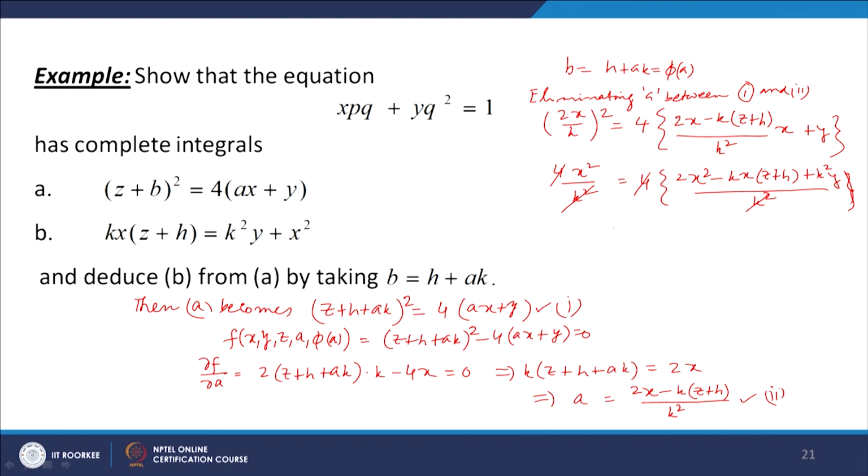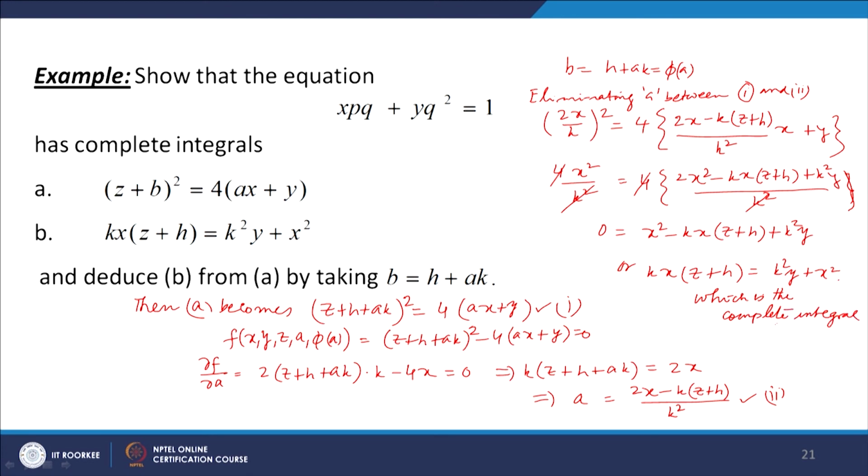So, I can say that 0 equal to x square minus kx into z plus h plus k square y, or we can say that kx into z plus h equal to k square y plus x square, which is the complete integral b, given by b.